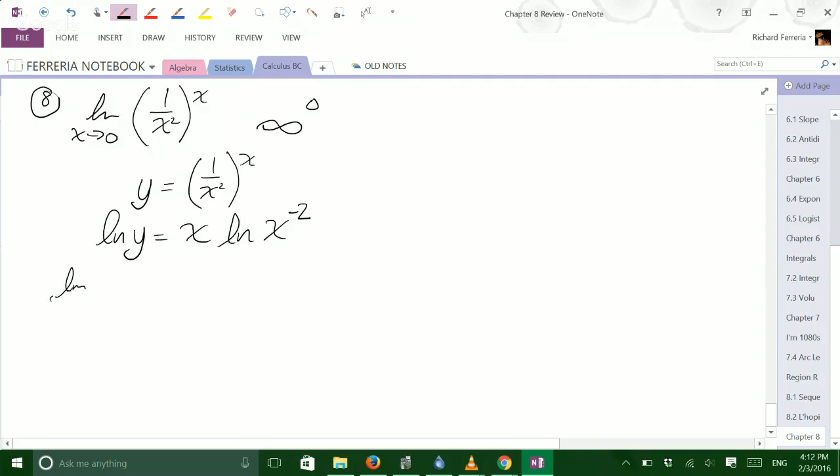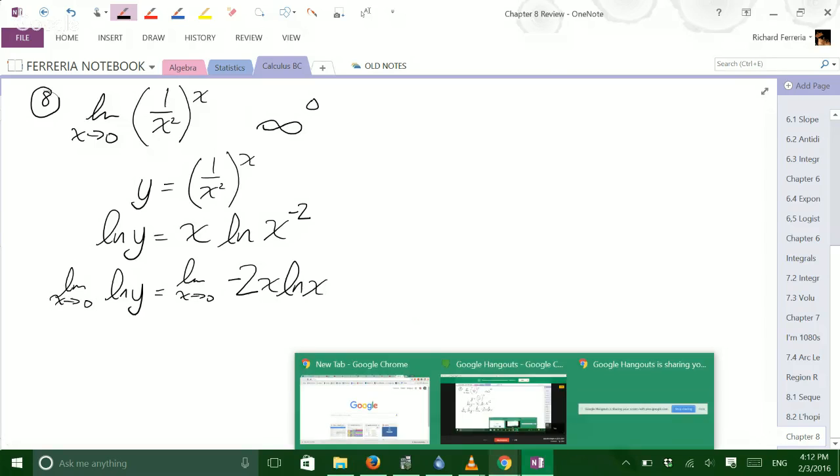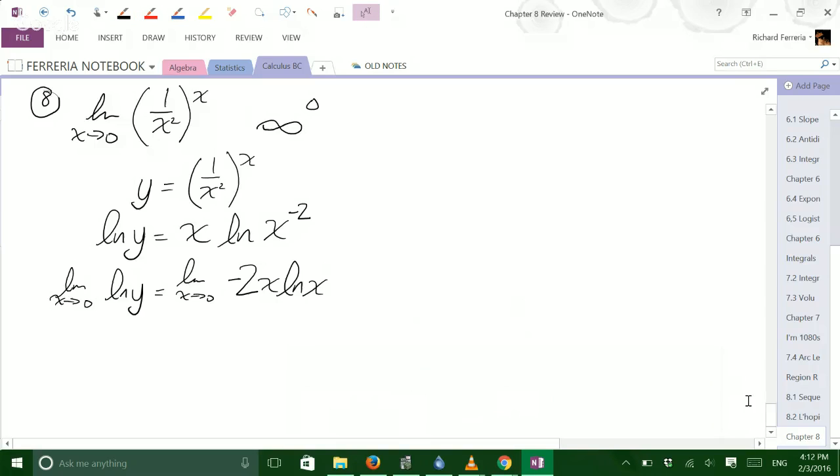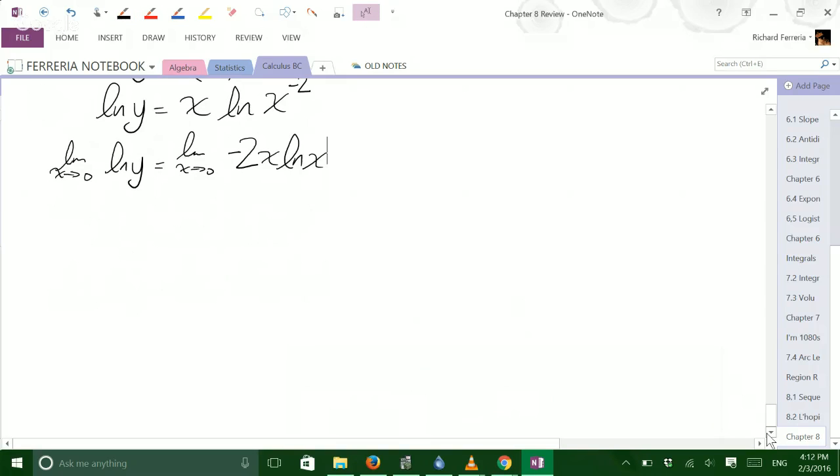So the limit as x approaches 0 of the natural log of y is equal to the limit as x approaches 0 of, let's take that negative 2 and shove it in front, negative 2x natural log of x. This is not something you have to do, but it will make your work 3 times easier at least.